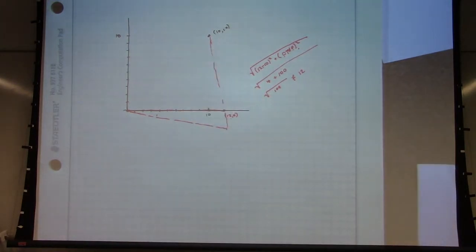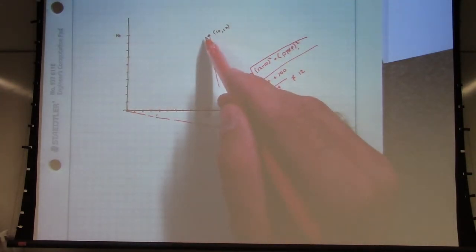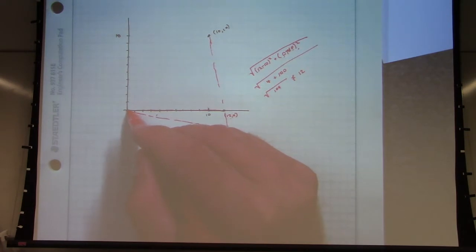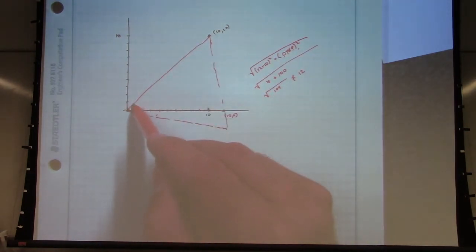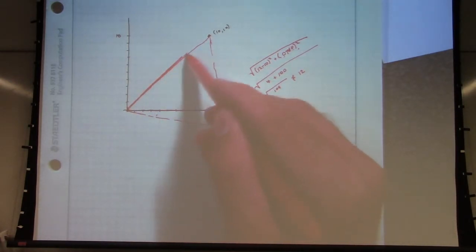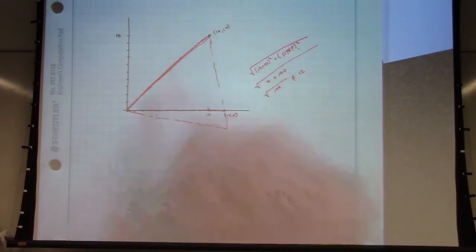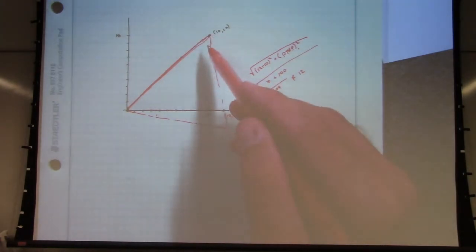Okay, so one way that we can work with this is we can just draw the position vector out to that point. So if we draw the position vector out to that point, what does that allow us to do? Well, now we've got a triangle, don't we?